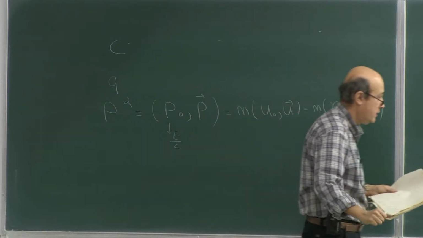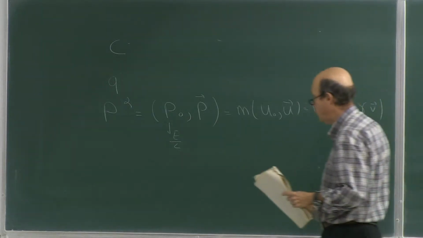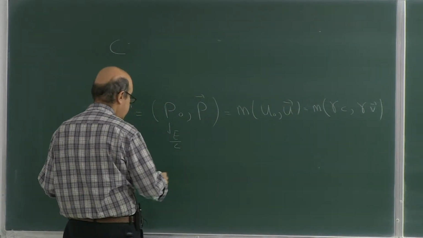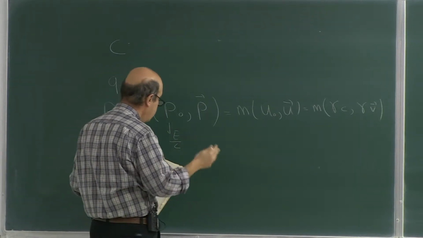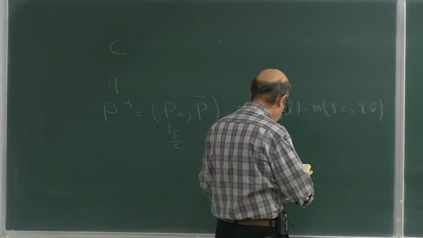Let us start with the Lorentz force. Can we write the derivative of this four-momentum? Yes, we can take the derivative, and look at which term corresponds to which term of the Lorentz force in four dimensions.